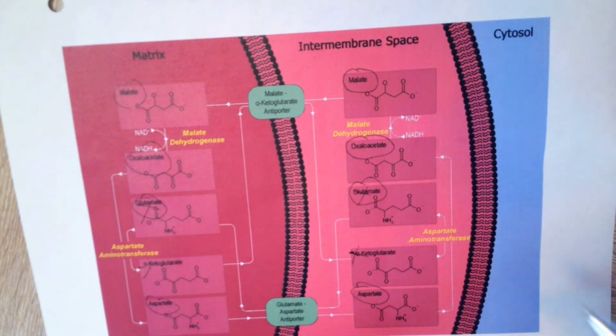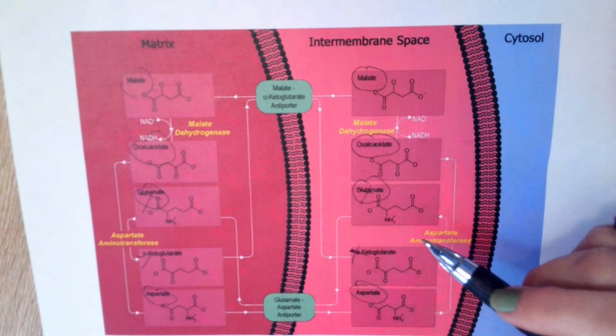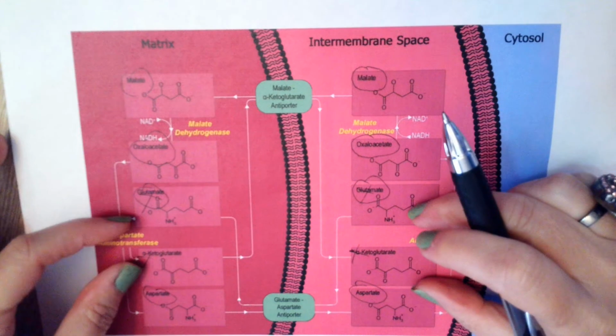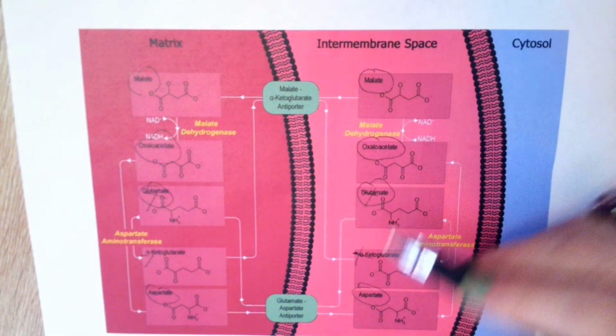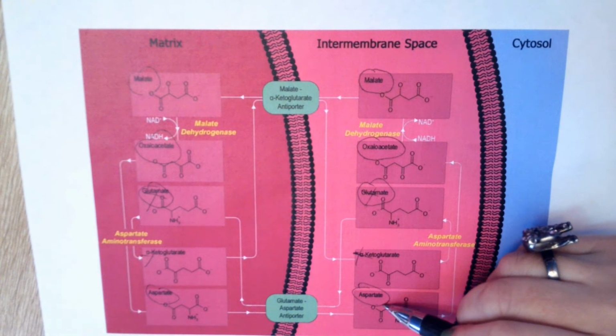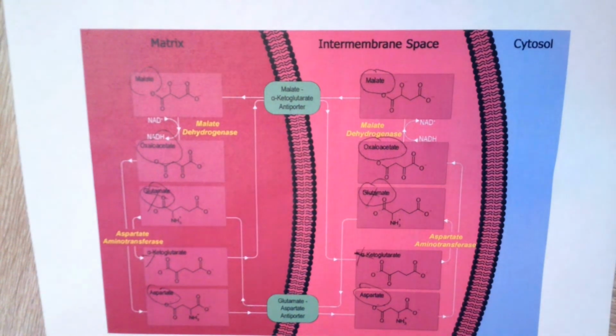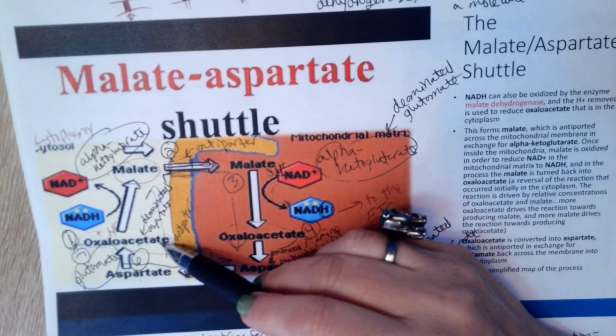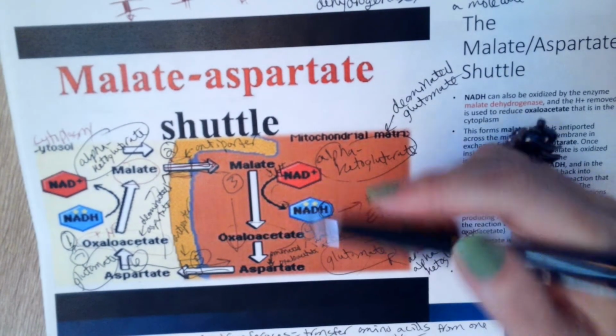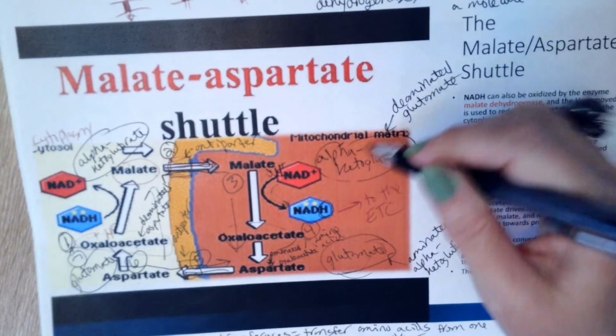We'll come back to it, so these are not permanent X's. We will come back to our glutamate and our alpha-ketoglutarate, but just focus on the main things: aspartate, oxaloacetate, and malate.